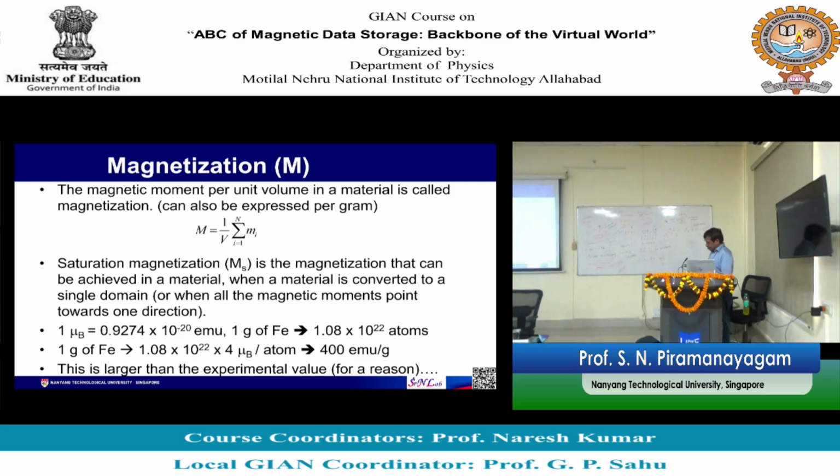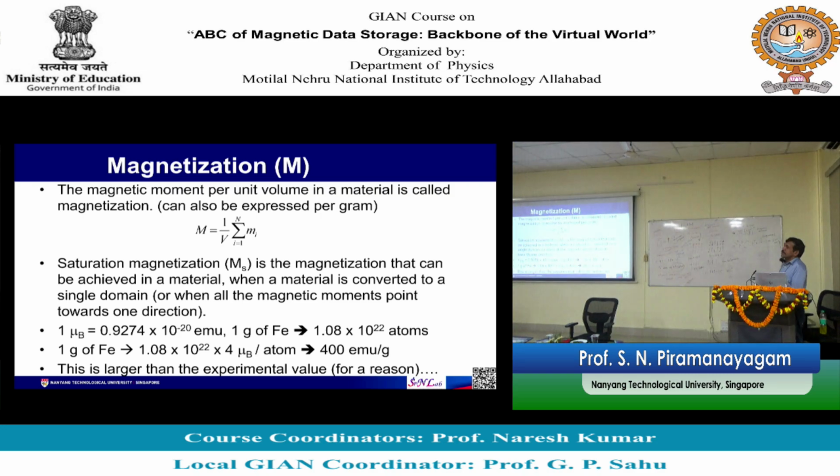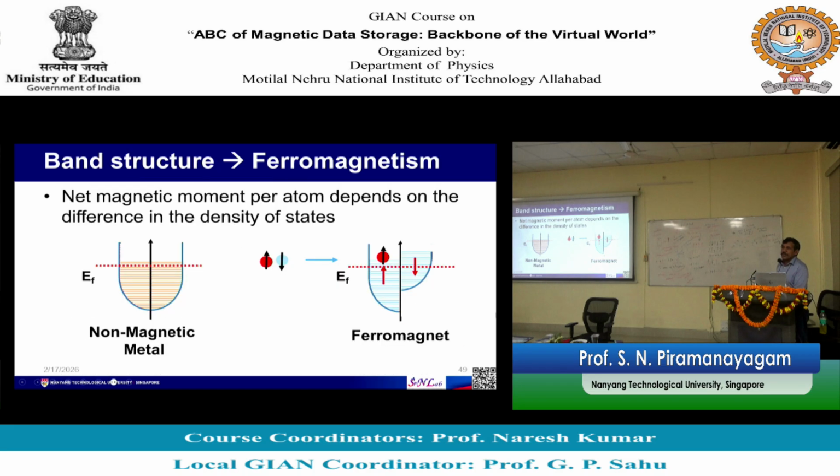It is because we are thinking of iron as an atom, and we are calculating the magnetization just taking the atomic magnetic moment. Okay. But when you have a piece of iron, you have a piece of solid. In a solid we have band structure. Okay. So, a solid's properties will be slightly different from the properties of the atoms alone.